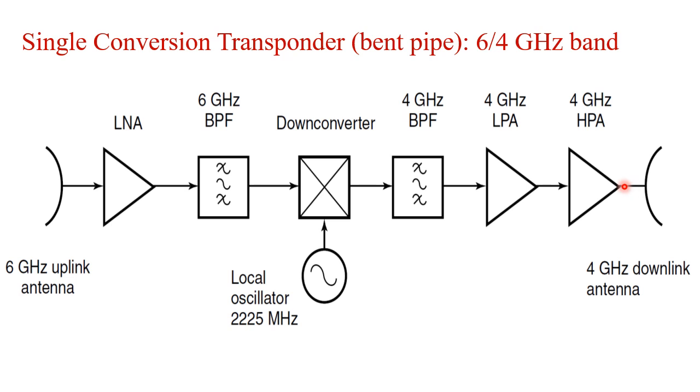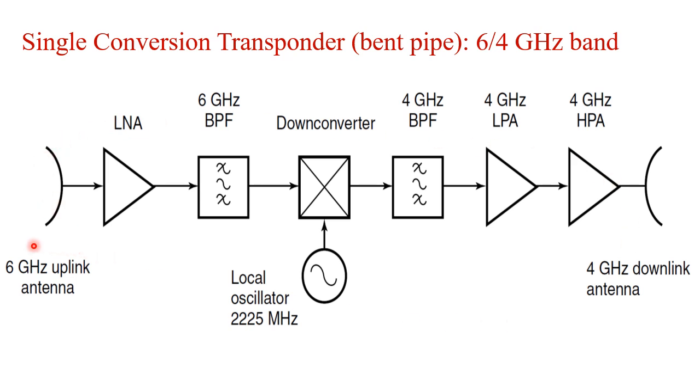Then the high power signal is passed to the downlink antenna at 4 gigahertz to transmit it towards the ground station, right? So this is the overall functionality of a single conversion transponder.